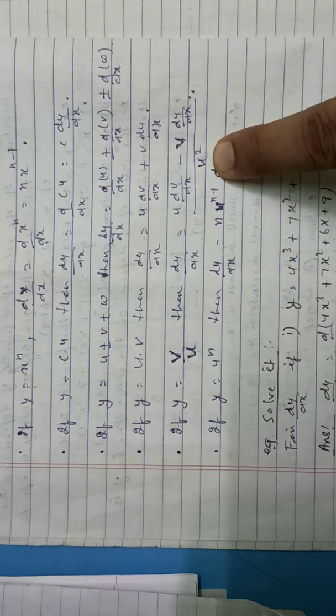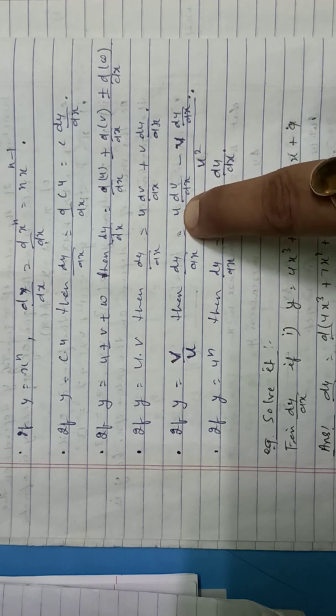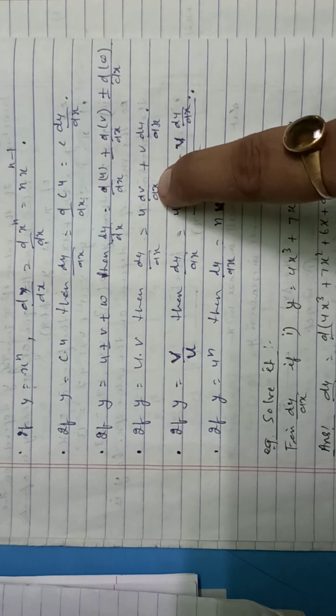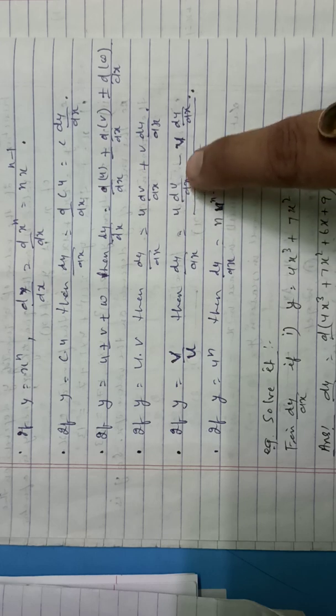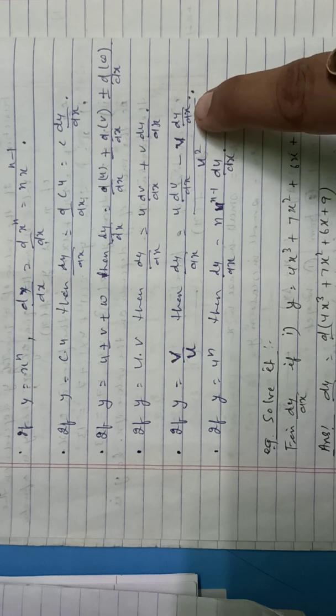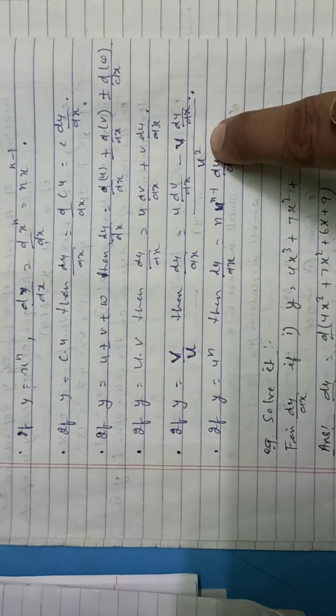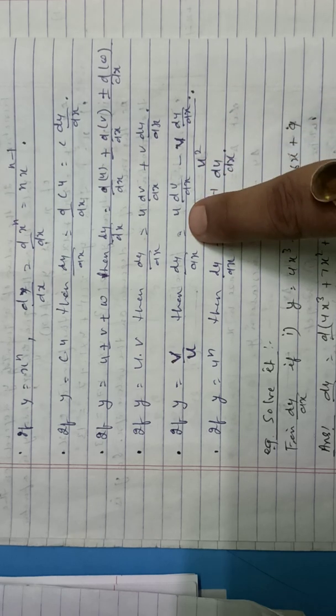You have to take caution. What we say: first of all the denominator, into the differential of the numerator, minus the numerator into the differential of the denominator, by denominator square. Is it clear? Are you able to learn?